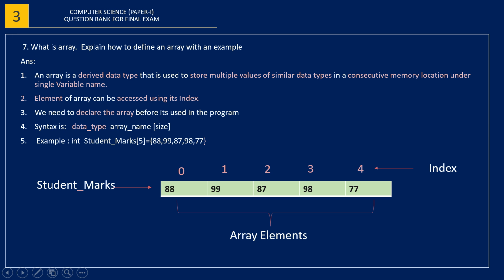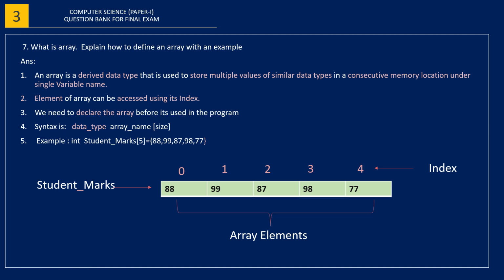If you want to access the first element of an array, we need to say studentMarks of index 0, and we'll get the value 88. We'll see it in the example. I hope you are clear, and we need to declare the array before it is used in the program, because we know that every variable we need to declare before using it in the program.